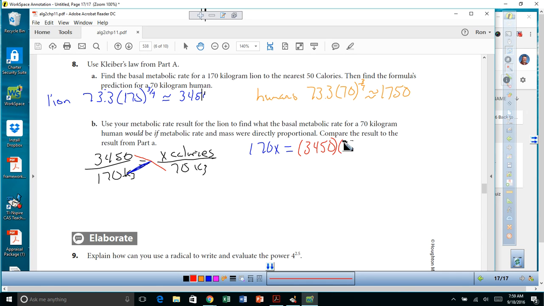To solve for x, you would divide both sides by 170.